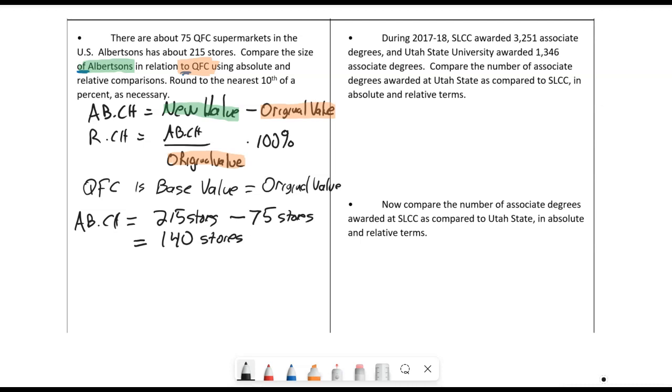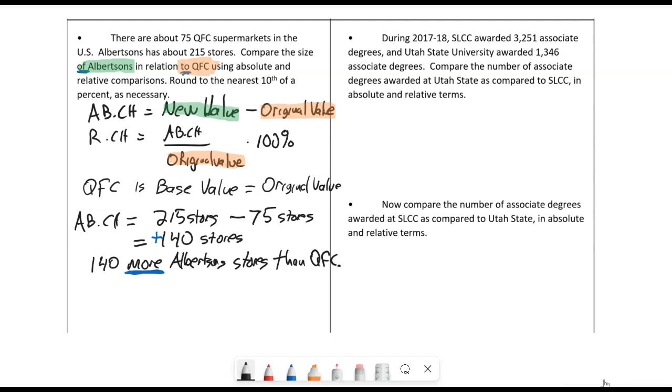Well, we can tell that there are more Albertsons than QFC, and we're comparing Albertsons to QFC, so we would say 140 more Albertsons stores than QFC. And we're using the word more because this ended up being a positive number when we did the absolute change. Had the absolute change been a negative number, then we'd say less.